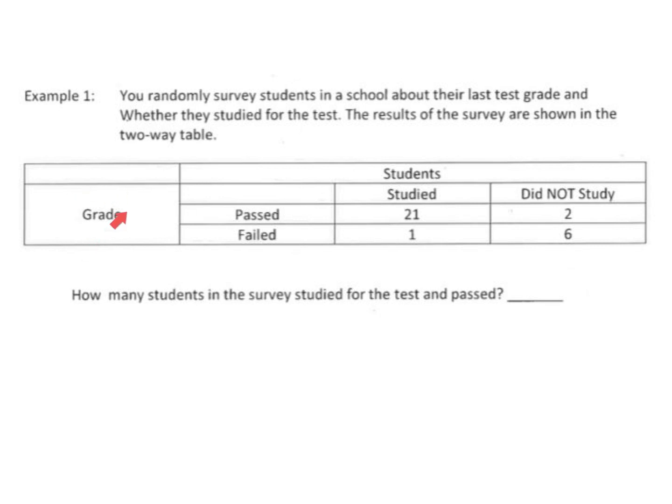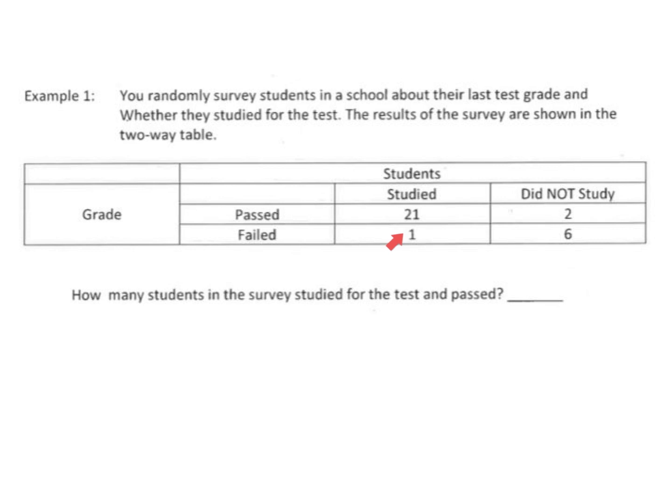So notice we have grade over here, we have passed and failed, and then we have our students who studied and did not study. So a joint frequency is where it comes together. Notice how this says 21 students passed who studied, and then 2 passed who did not study.